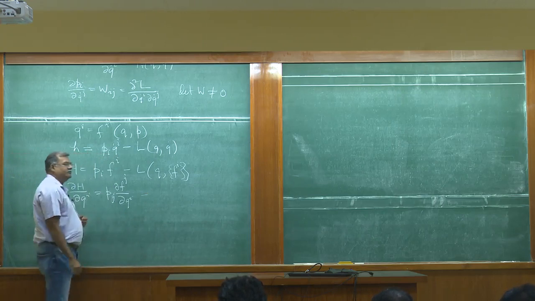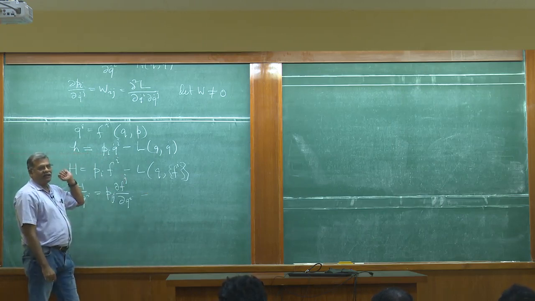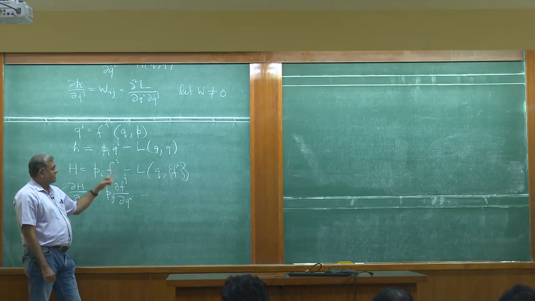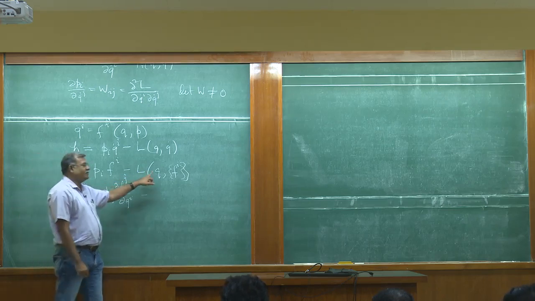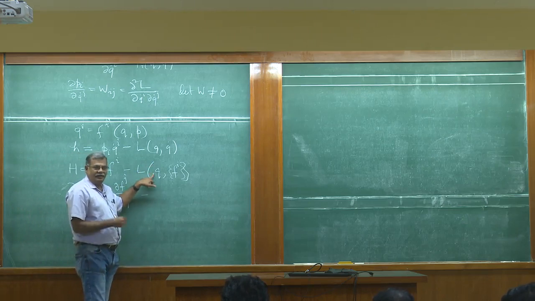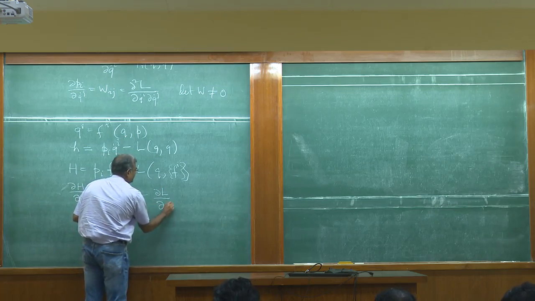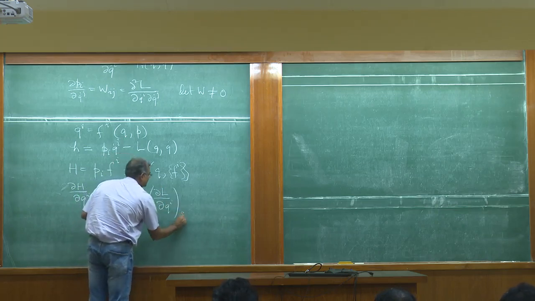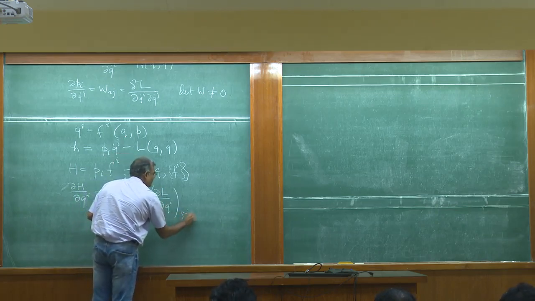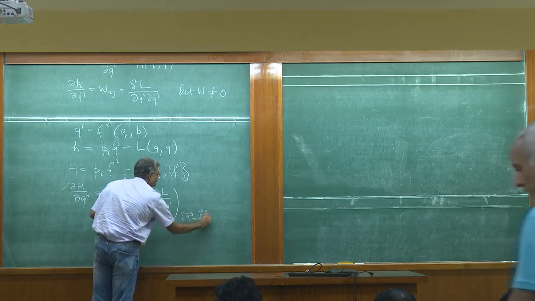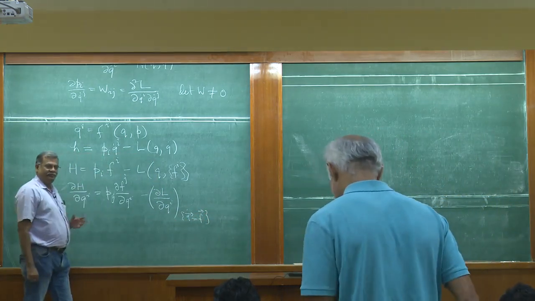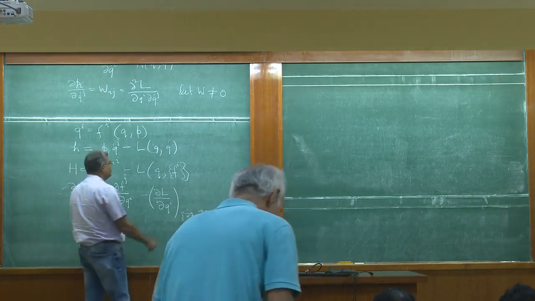And what about L? When I differentiate L with respect to q_i, what will I get? I will get actually two terms. One, from the fact that the q_i's are there already, and then you have minus del L del q_i, and just to get into a good habit, let me remind ourselves that all the q dots have been replaced by f here. That's the standard partial derivative that you do.